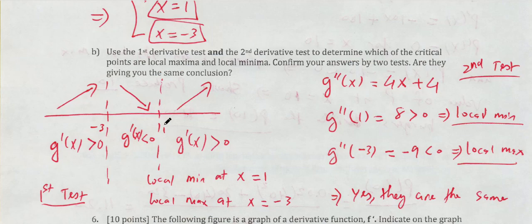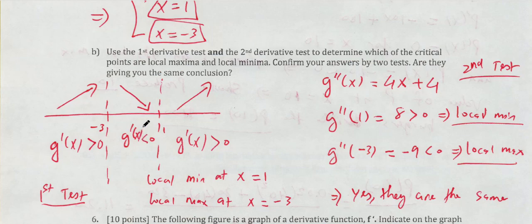Now, after you got the critical points minus 3 and 1, plot minus 3 and 1 on a number line system. Now that divides into 1 area, 2 area, and then 3 area. I pick one point to the left of minus 3 and plug it back into g prime, and I got that to be bigger than 0, so it's increasing.